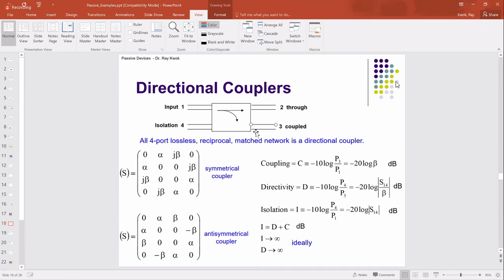But right now we're not talking about a 3 dB coupler. For directivity, you only care about the coupled output, not the through output. Let's say I get minus 30 dB here and minus 35 dB here. That doesn't mean I have a lot of directivity. That means I'm getting signal in both ports. Directivity is how much energy I'm getting here with respect to how much energy I'm supposed to get in port 3. This is supposed to be much lower than that.